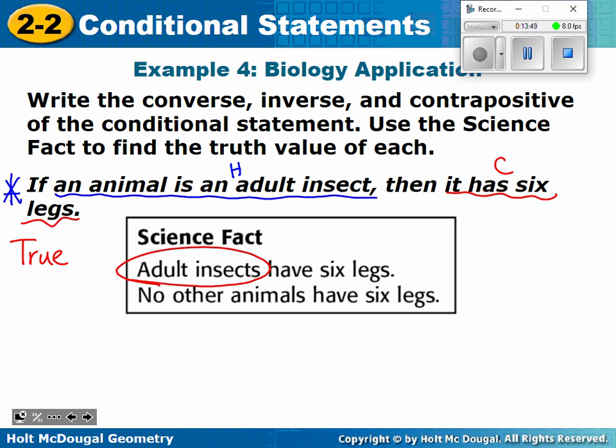If it starts out false, then the contrapositive will be false. If it starts out true, the contrapositive will be true. They will always have the same truth value. The ones in the middle will also always have the same truth value. Notice they were both false. That means your converse and your inverse will always have the same truth value.